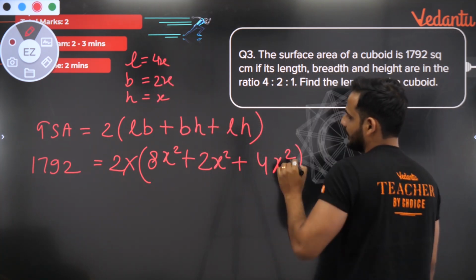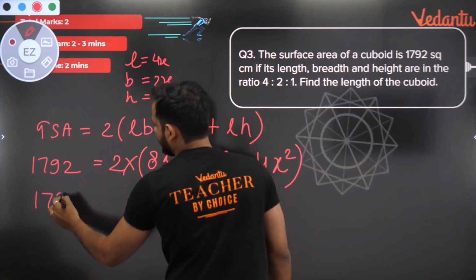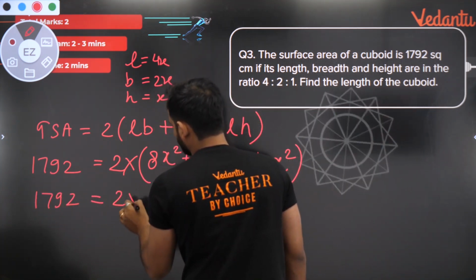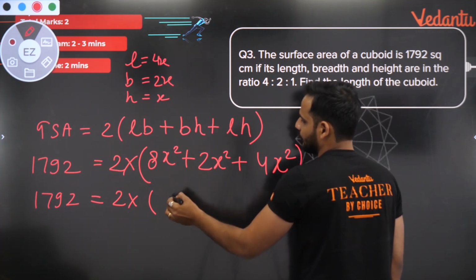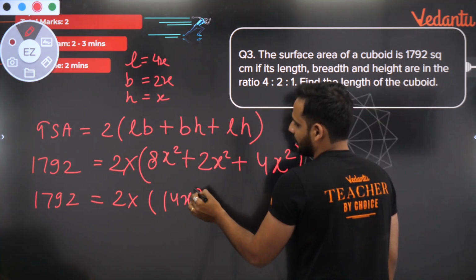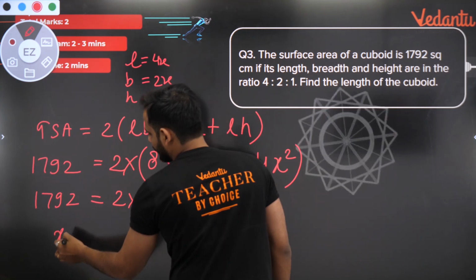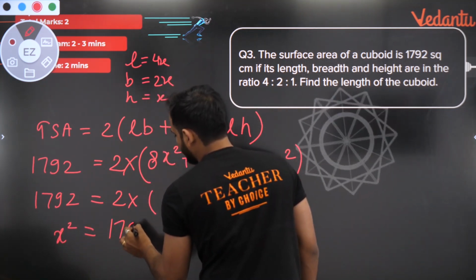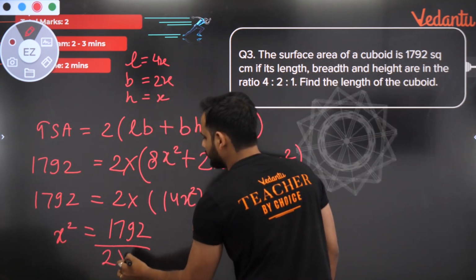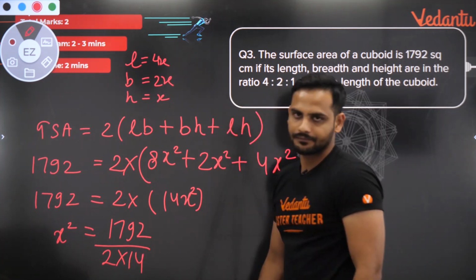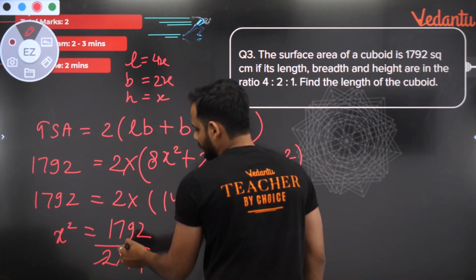So you'll be getting 1792 is equal to 2 into (8 plus 2, 10, plus 4, 14) x square, right? So I can say that x square will be equal to 1792, and this 2 into 14 will go in division, correct? So let's cancel with this 2.